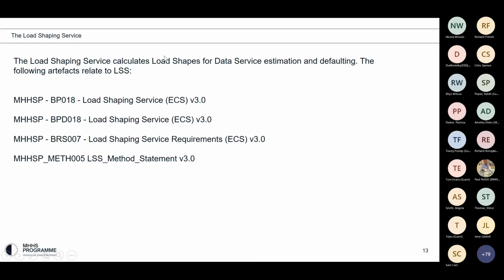So the business process diagram is BPD 18. The associated descriptions are in BPD 18. The load shaping service requirements are in BRS 007, and the actual detail of the calculations is set out in METH 005. I'll quickly flash up the load shaping service business process diagram.